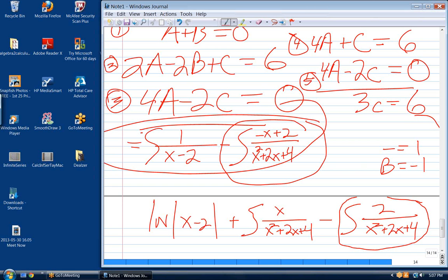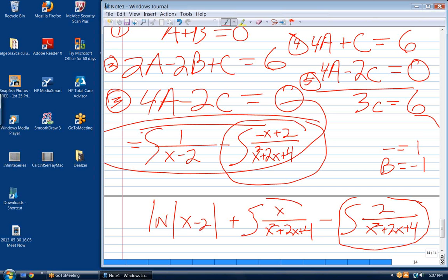And it doesn't look like we're going to have time to do that now, but it's essentially putting this denominator into an x minus or plus something squared plus a number. And then it looks a lot like 1 over x squared plus 1. And the integral of that is arctan. So you end up using that arctan formula.